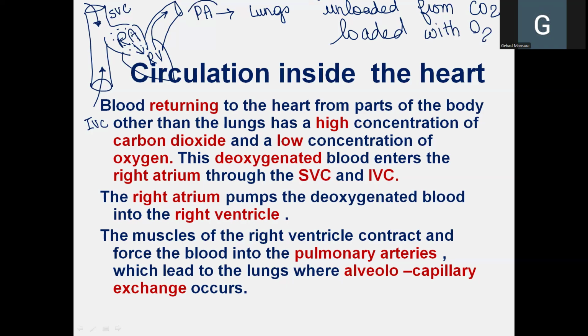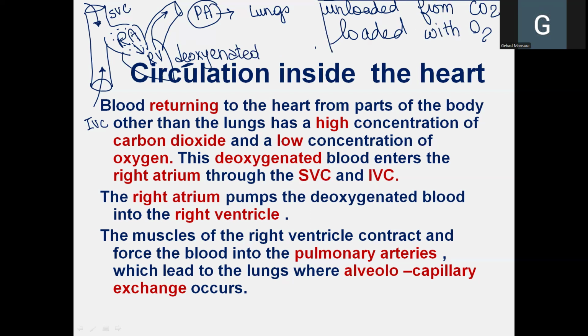That's why the pulmonary artery is an exception to arteries, because the pulmonary artery carries deoxygenated blood. It is the only artery in the human body or in adult persons that carries deoxygenated blood.